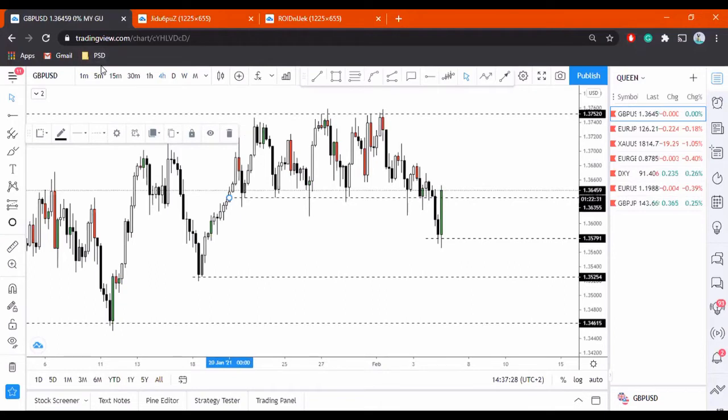Price did try to break over there. It tried breaking the resistance. So it rejected here. Here it failed to reach the support, and it went on to create a new support right here, right? And then it came back to the high, and then it came down to create a new support right here.